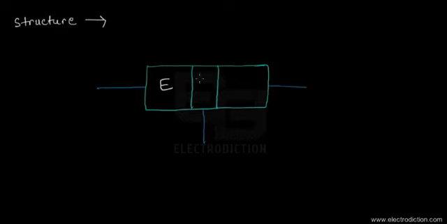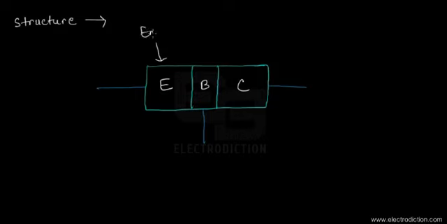Then the middle one, which is the thinnest of all the sections in this light blue outlined box, is referred to as the device's base. And the last one is the collector. I'll write down their names over here.